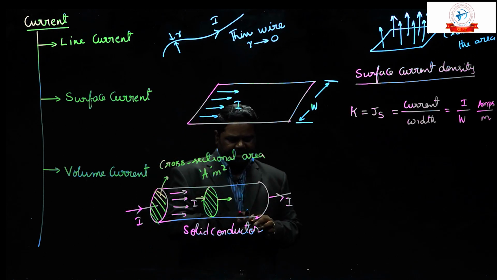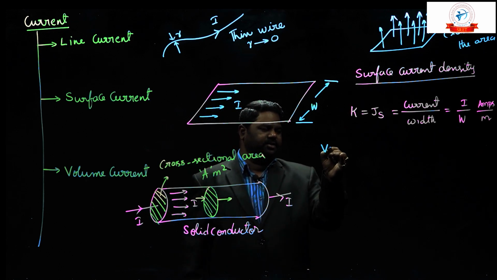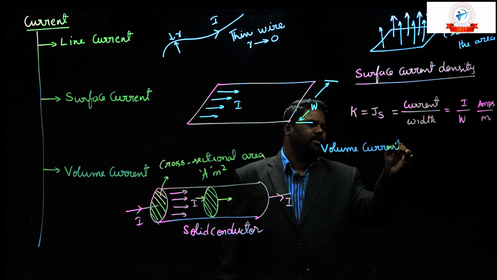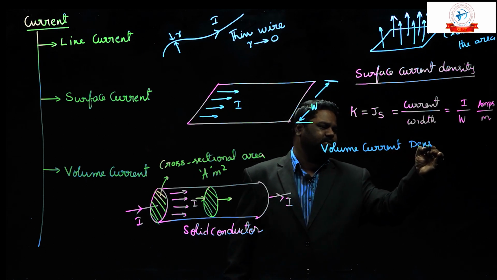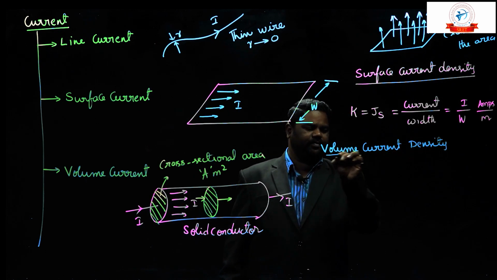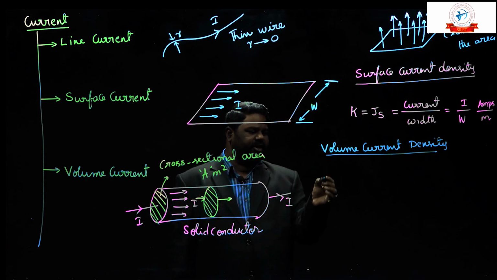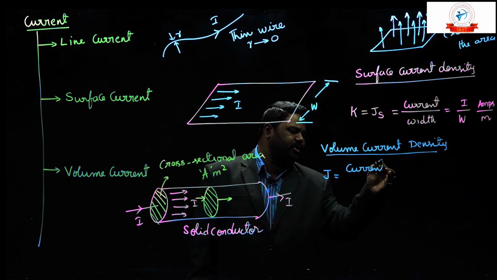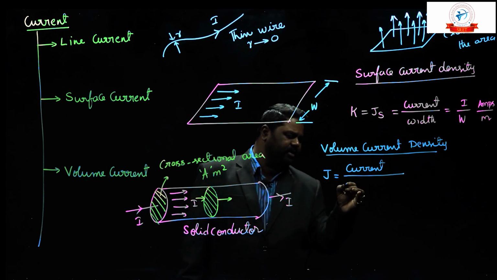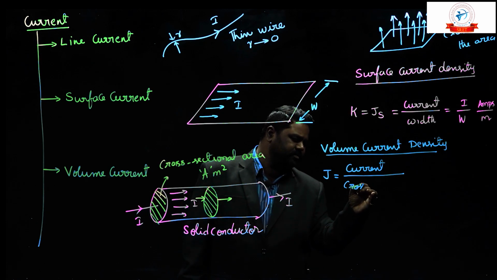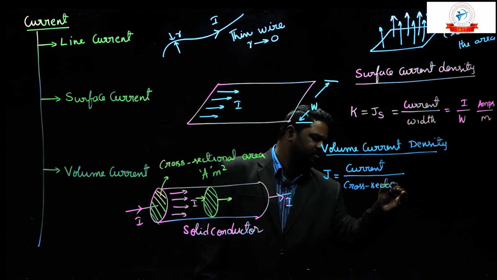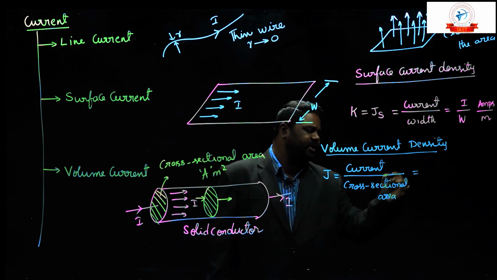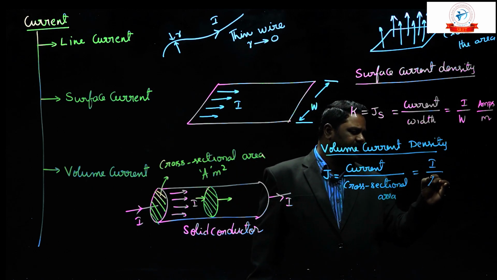Then we can define volume current density. This volume current density is denoted with J, given by the total current flowing divided by the cross-sectional area, that is I by A.